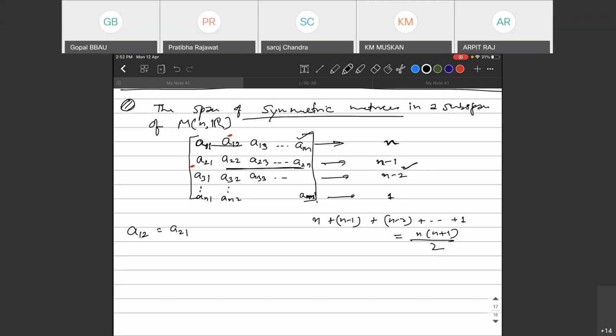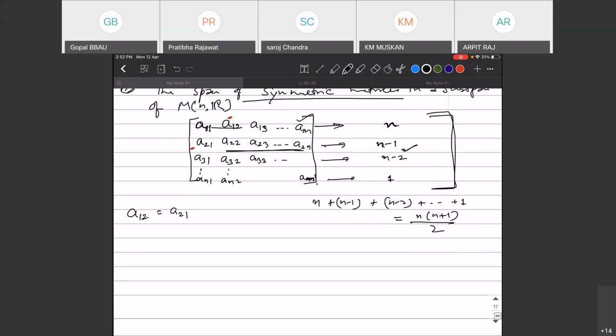Okay, this was the intuitive idea. But if you are asked for a proof, then you will give a basis of this space of symmetric matrices. What would be the basis?